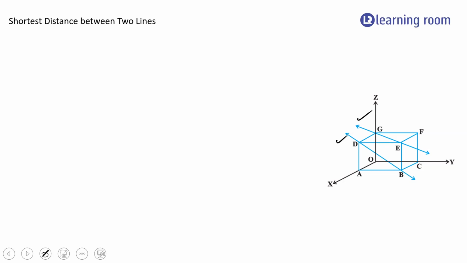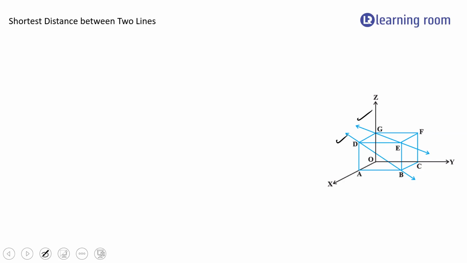But the next question is, is there a possibility where we can define two lines in space where they are not parallel, at the same time they are not meeting? Are you able to understand what I'm trying to say? Is there a scenario where those two lines are not parallel to each other, but at the same time are non-intersecting?